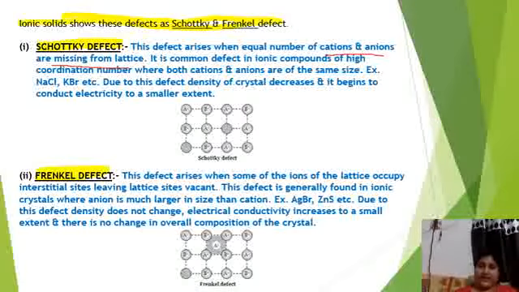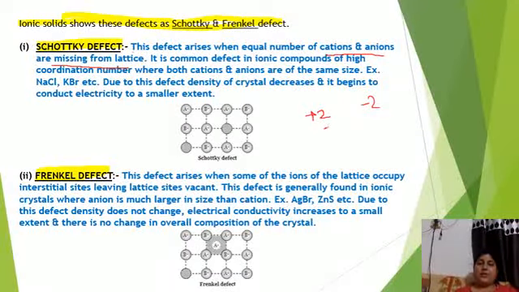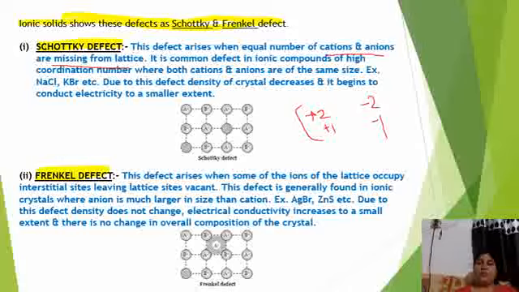It is not compulsory that if one cation went, only one anion will go. It depends upon the charge. Suppose +2 charge is removed, then -2 has to be removed. If +1 is removed, then -1 will be removed. It depends only upon the charge because we have to maintain electrical neutrality over here.